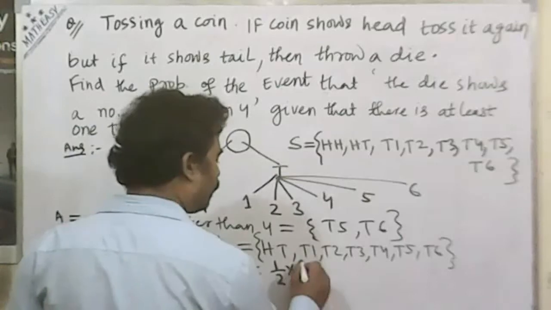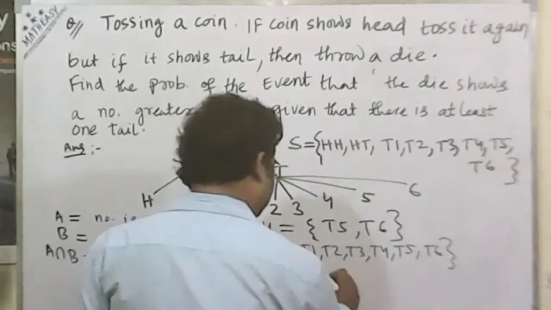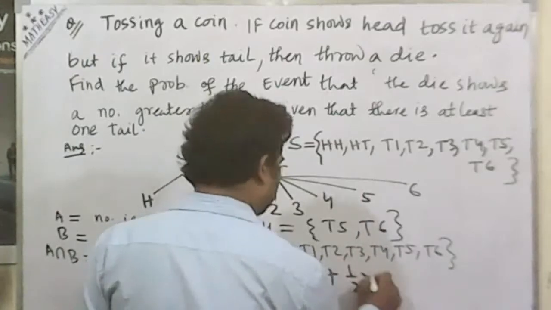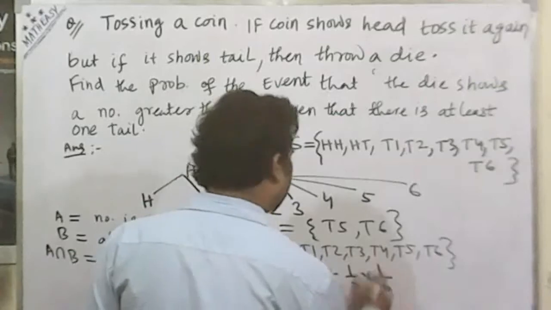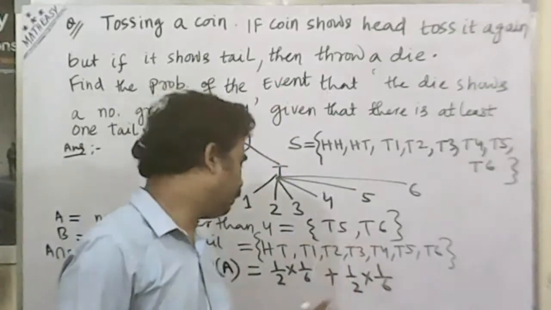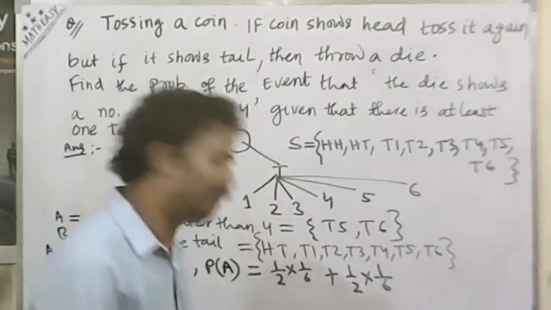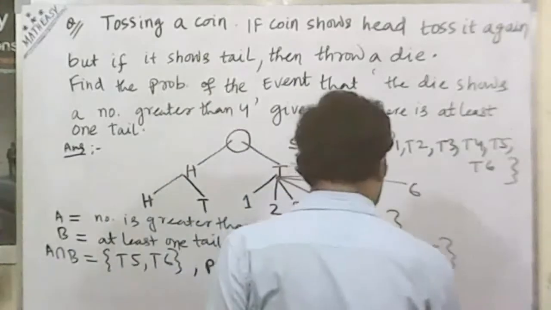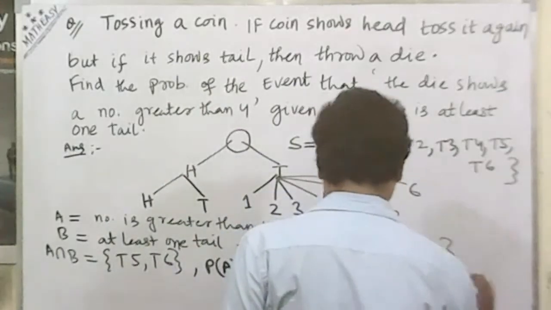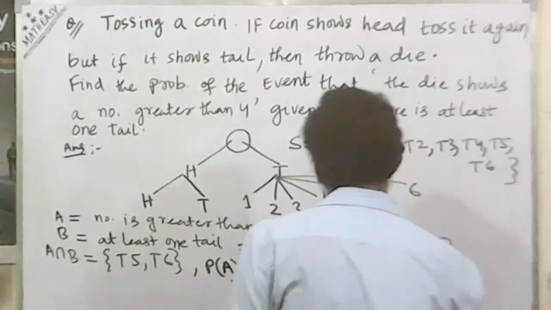For 5, the probability is 1 by 6. Then for T, the probability is 1 by 2. For 6, the probability is 1 by 6. This or this. That means 1 by 2 into 1 by 6 plus 1 by 2 into 1 by 6. It means 2 by 12, means 1 by 6.